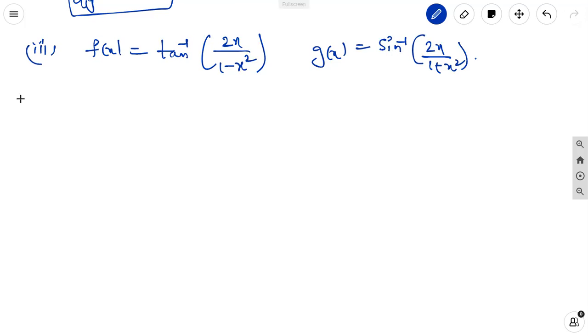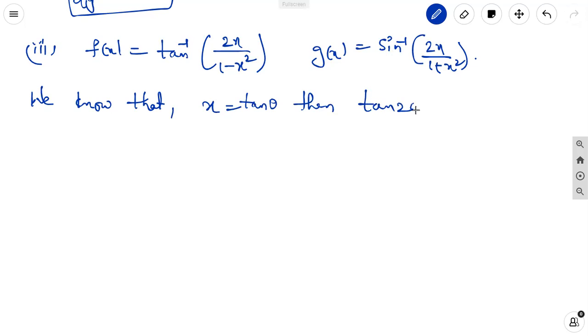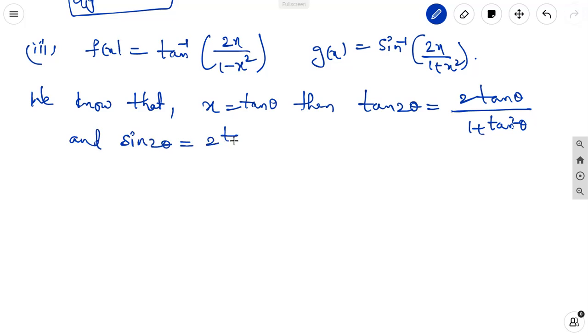We know that if we take x equal to tan theta, then tan 2 theta equal to 2 tan theta by 1 minus tan square theta, and sine 2 theta equal to 2 tan theta by 1 plus tan square theta.